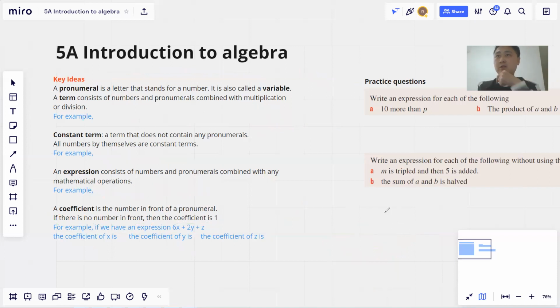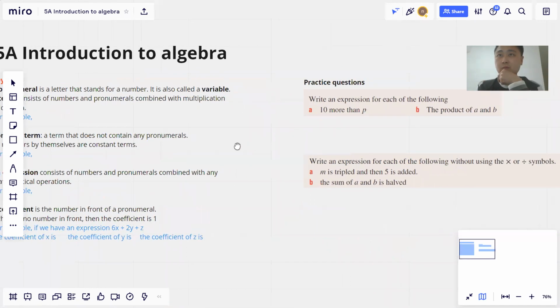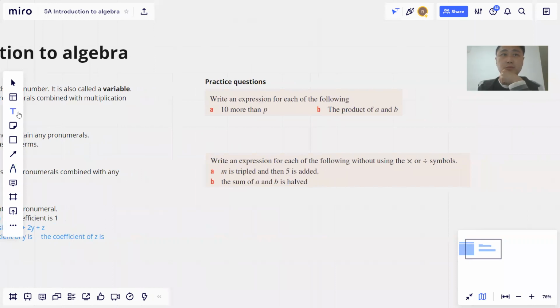Okay, so let's quickly do some practice questions here. We need to write an expression for these two questions. The first one says 10 more than p. So we just write an expression.